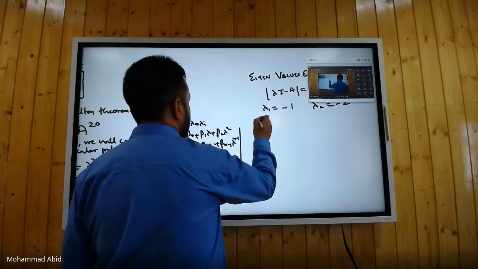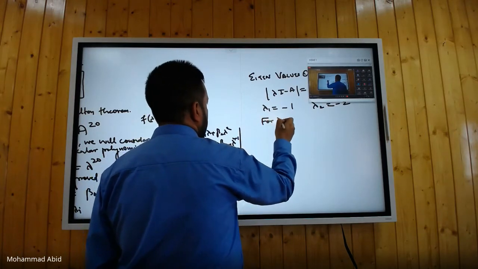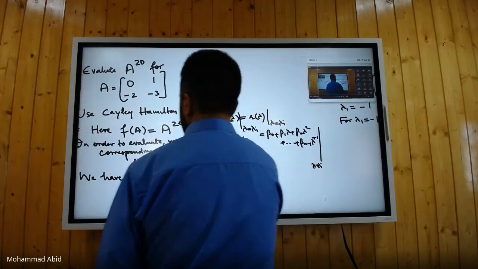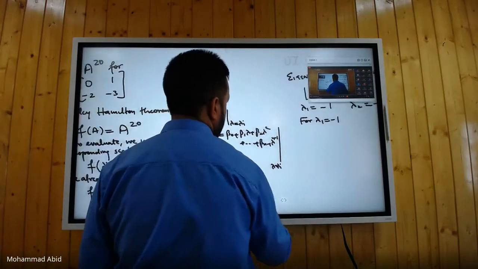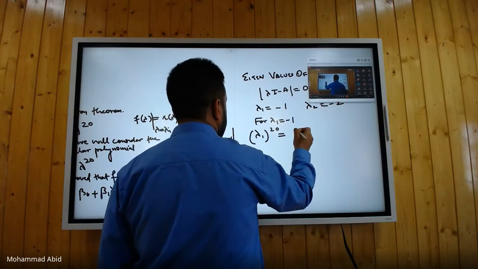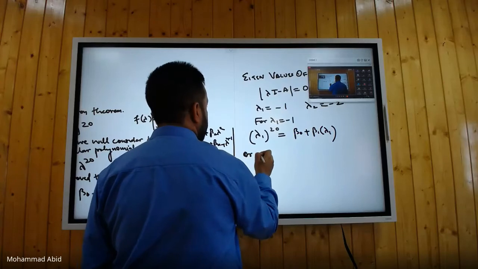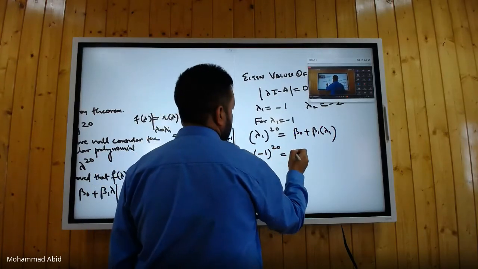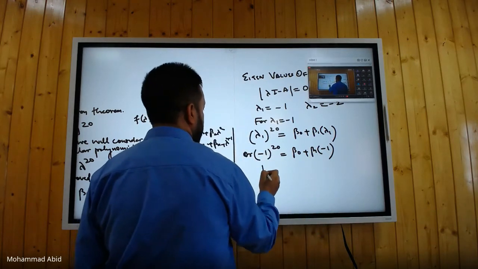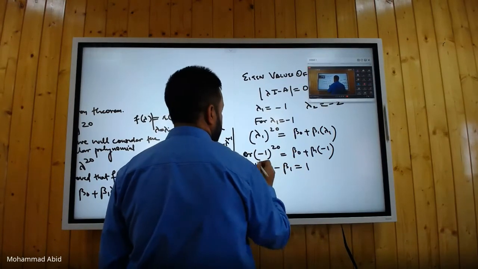So for lambda 1 equal to -1, if I evaluate this expression, f(lambda) is lambda to the power 20, so lambda 1 raised to power 20 is equal to beta naught plus beta 1 into lambda 1. Lambda 1 is -1, so (-1) raised to power 20 is equal to beta naught plus beta 1 into -1. So this becomes 1, or I can write it like this: beta naught minus beta 1 is equal to 1. This becomes my equation number 1.